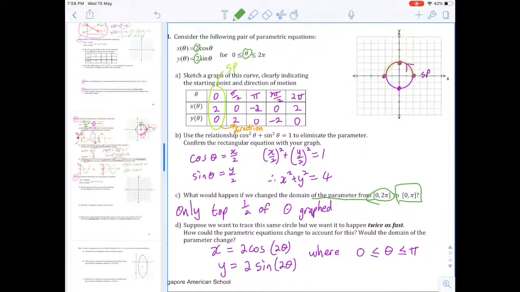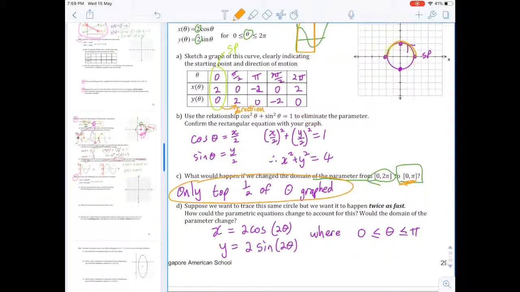What you should be able to realize, of course, is that means if my original function was the cosine function, 2 cos theta, if we only graph until pi, we are only graphing the first half of the trig function, and so the connection that you need to make is that only the top half of the circle would have been graphed by us limiting the domain.